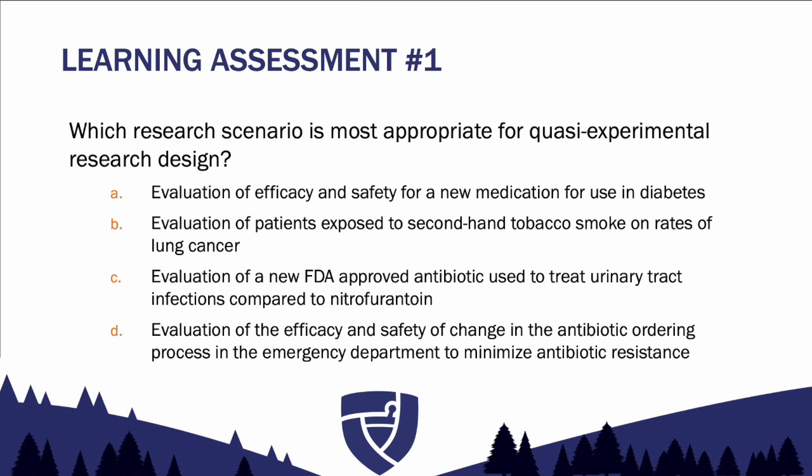B. Evaluation of patients exposed to secondhand tobacco smoke on rates of lung cancer. C. Evaluation of a new FDA-approved antibiotic used to treat urinary tract infections compared to nitrofurantoin. Or D. Evaluation of the efficacy and safety of a change in the antibiotic ordering process in an emergency department to minimize antibiotic resistance. I will give you a couple minutes to think about it, and then we will move on to the next slide with the answer.